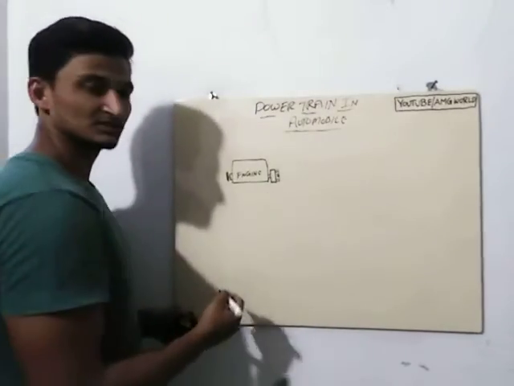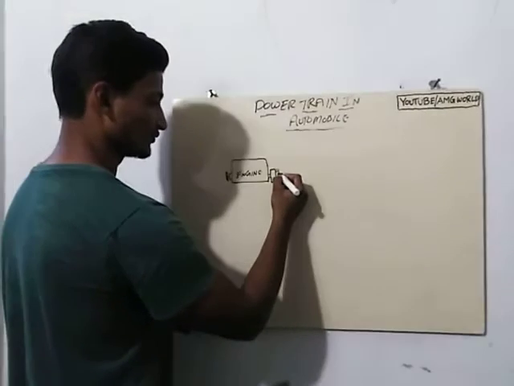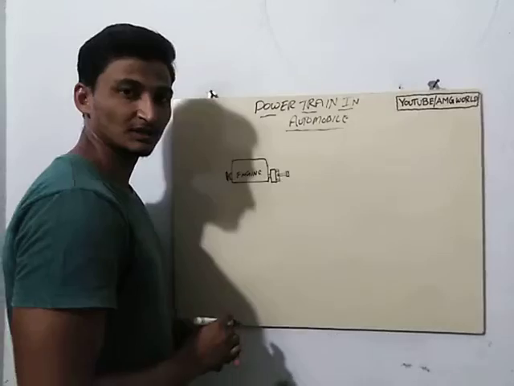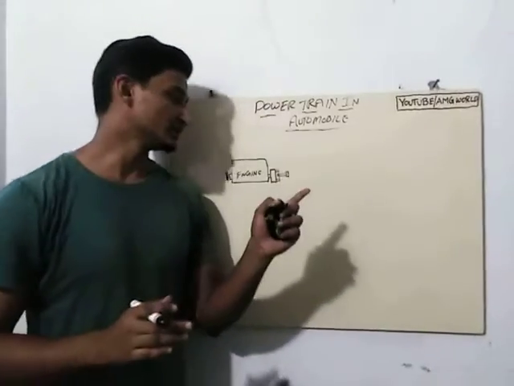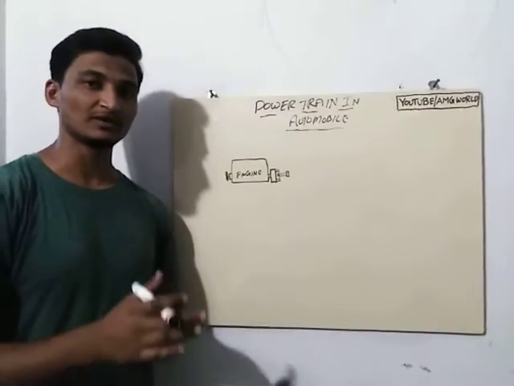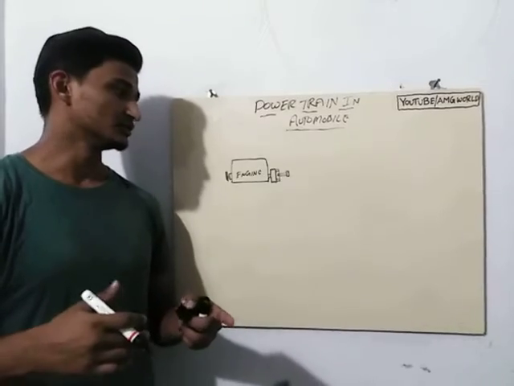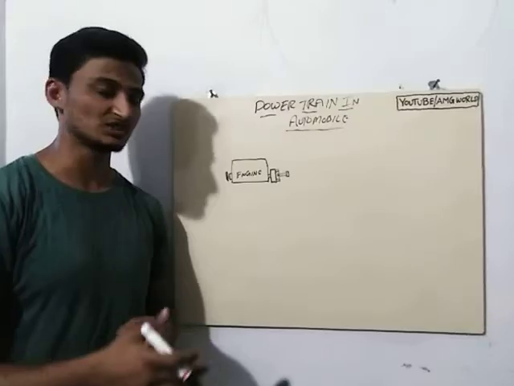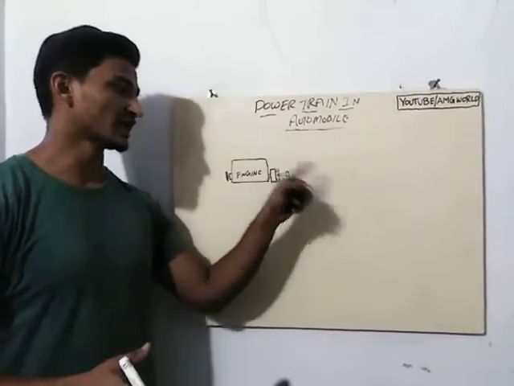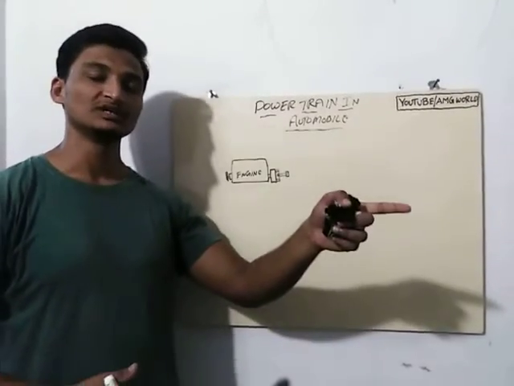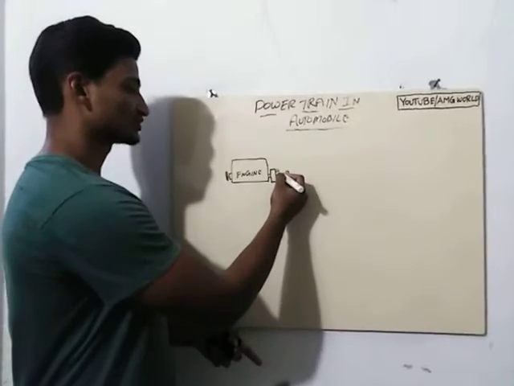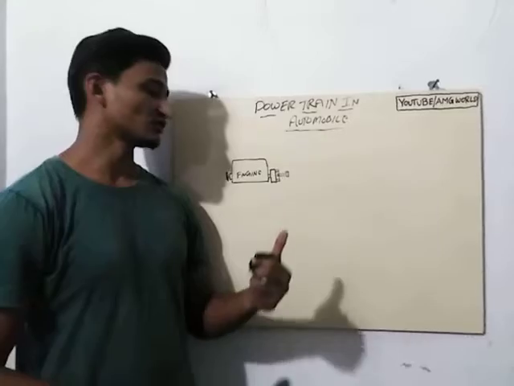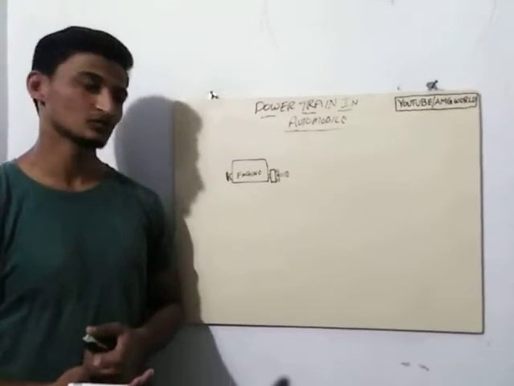So here we have the clutch, and after the clutch we have a shaft which we call an overdrive shaft. This overdrive shaft transfers the drive, or the torque, the power generated by the engine, towards the gearbox through this particular shaft. This one is called the OD shaft, OD meaning overdrive.